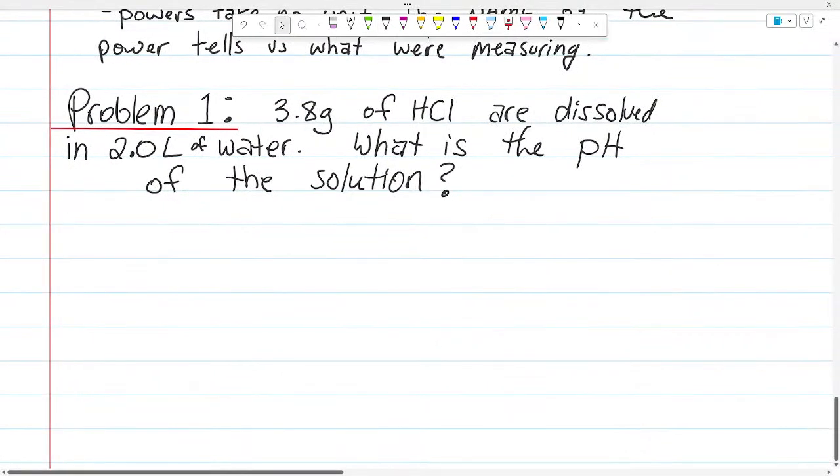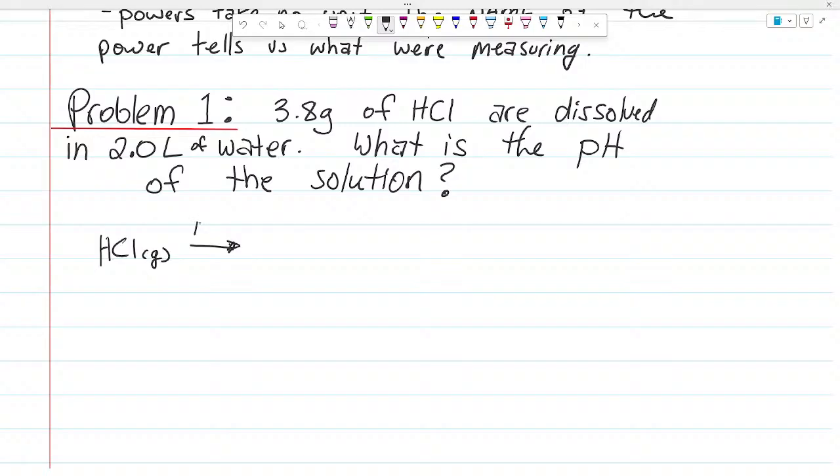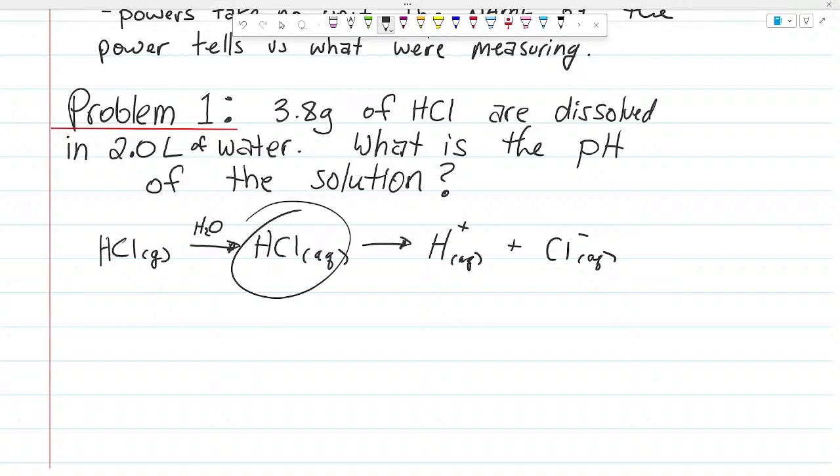Well, the first thing to know is that if we take HCl in its gaseous form, and we dissolve it in water, we'll get HCl in its aqueous form, which really is the same as saying that we have H plus in its aqueous form and Cl minus in its aqueous form, right? In other words, whatever the concentration of HCl is, that's going to be the same as the concentration of H plus.